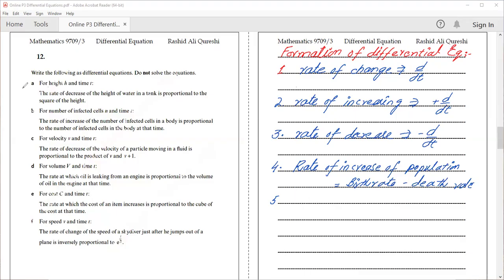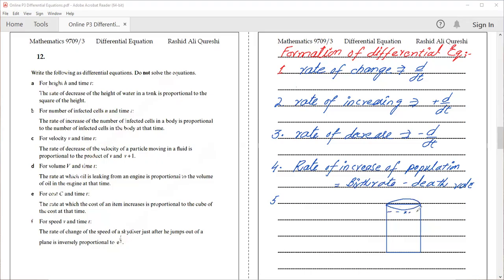We have this container, and sometimes we have water in this container, and some water is inflowing over here, and some water is flowing out of this container.